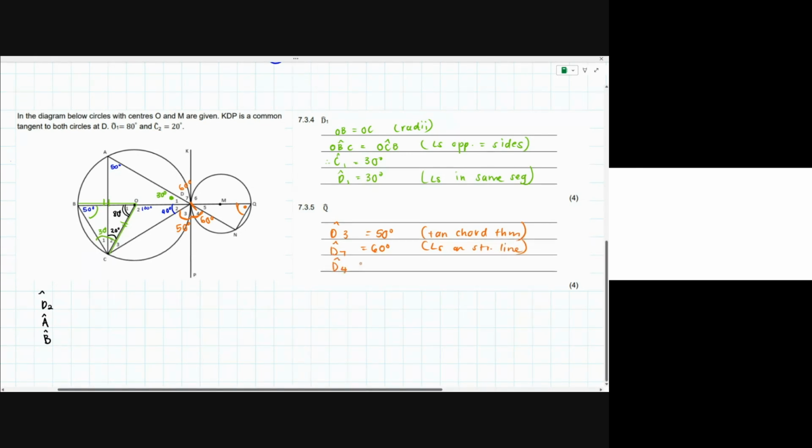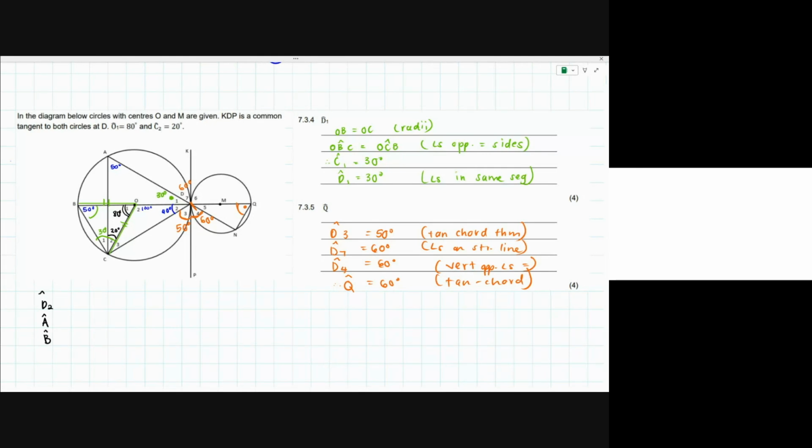D4 also equals 60 because of vert opp angles. That's not how you spell vert, is it? Vert opp angles equal. And so Q is equal to 60, tan chord. Woo! Okay, so does that all make sense?